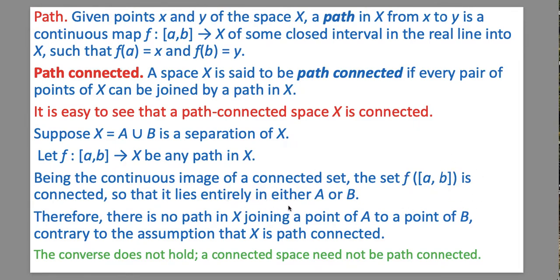So it lies entirely in either A or in B. Therefore, there is no path in X joining a point of A to a point of B, which is a contradiction to the assumption that X is path connected. The converse of this statement need not be true, meaning a connected space need not be path connected, although a path connected space X is connected.